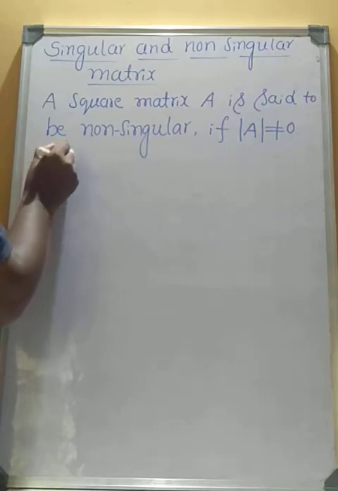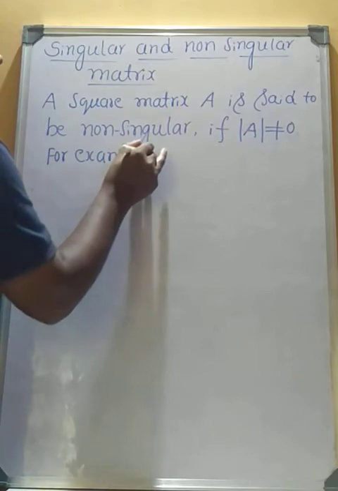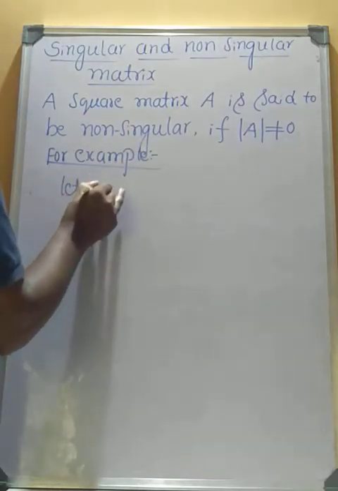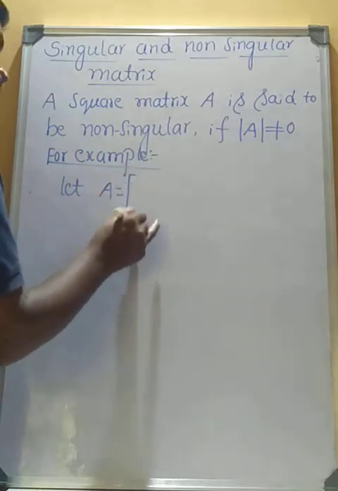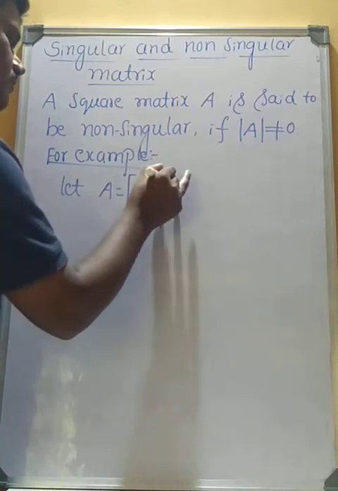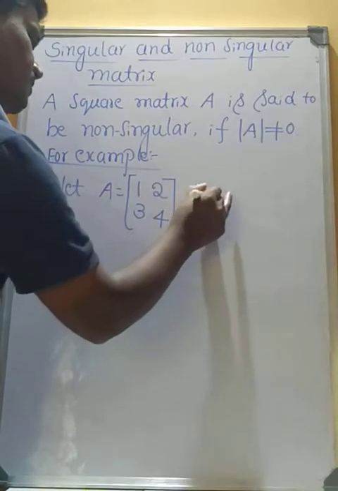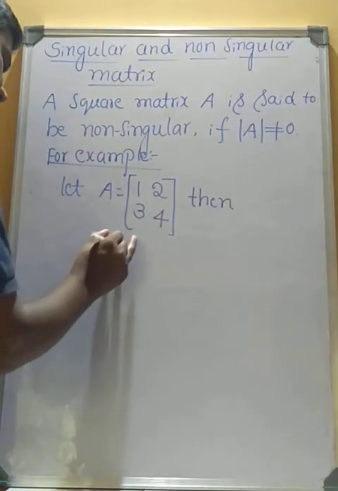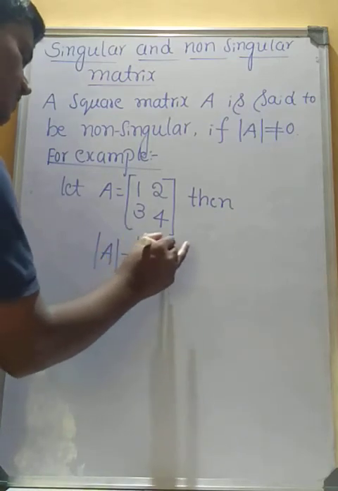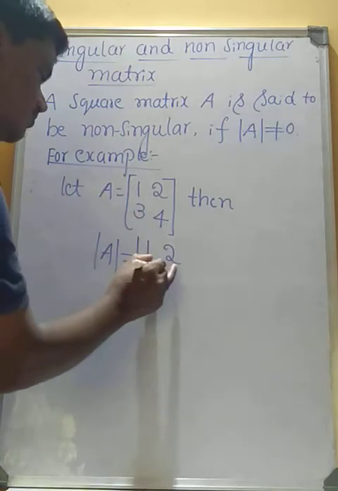Example, let A equals matrix 1, 2, 3, 4. Say 2 cross 2 matrix. Then determinant of A equals determinant of 1, 2, 3, 4.